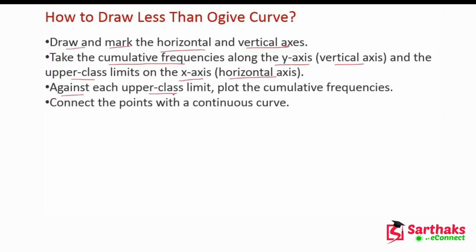Against each upper class limit, plot the cumulative frequency, and connect the points with a continuous curve. This will give the ogive curve of the less than type.